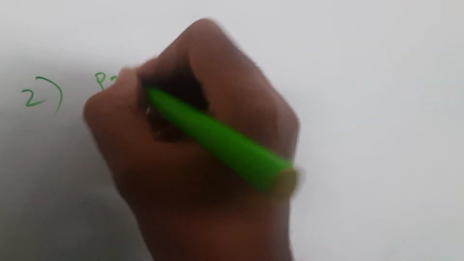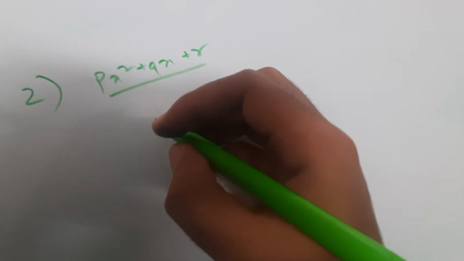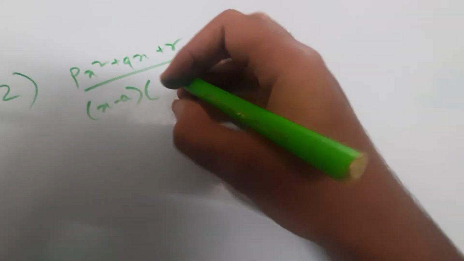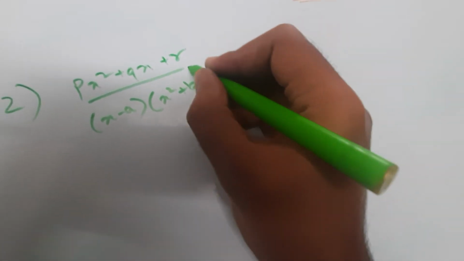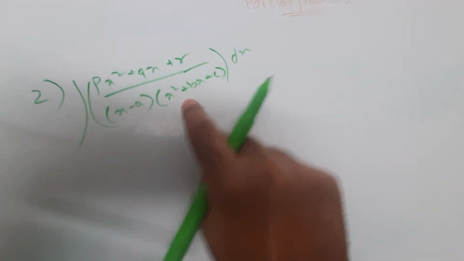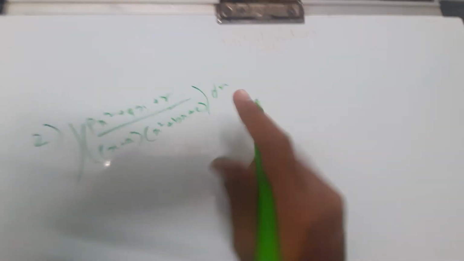Now for type 2, you're going to have an equation like (px² + qx + r) by, let's take the hard one, (x - a)(x² + bx + c). As we studied in the last video, this part you can factorize further.